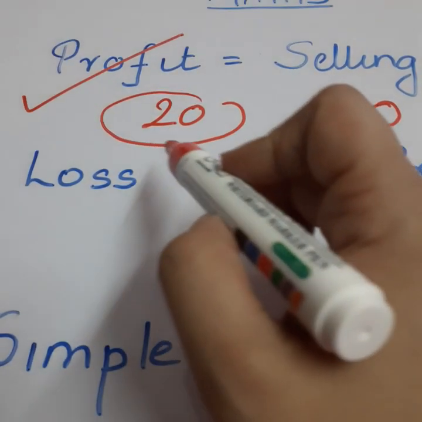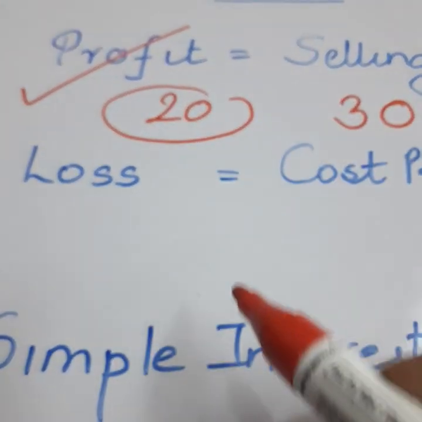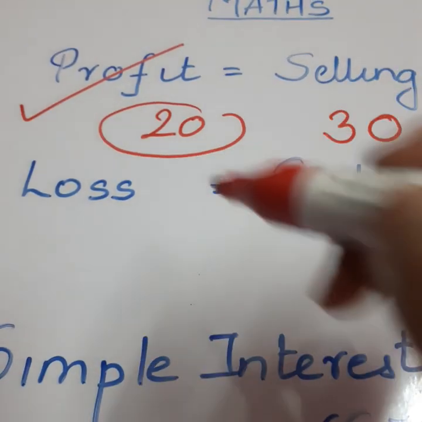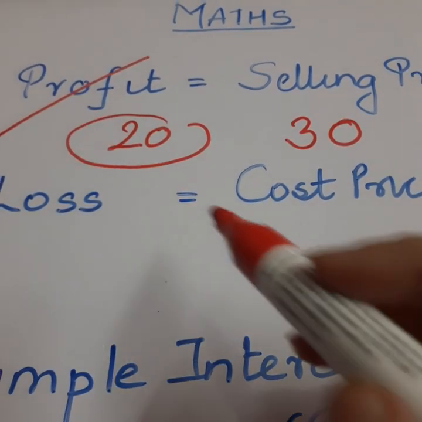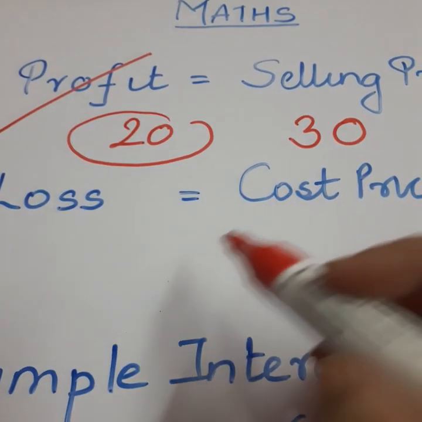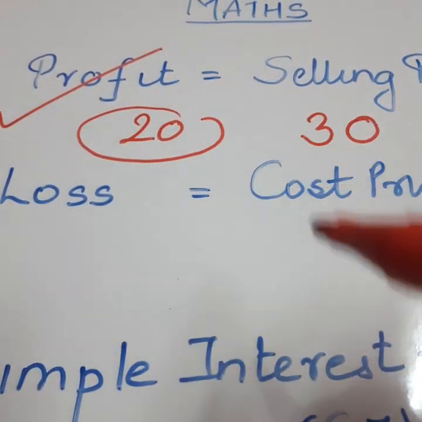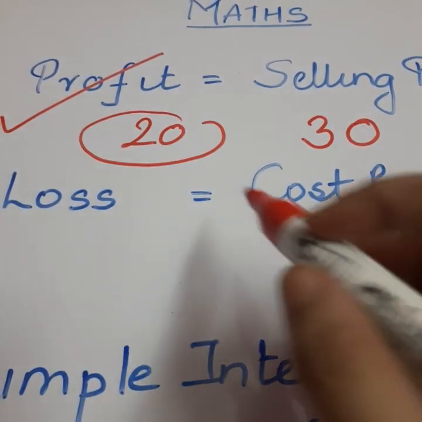Loss, now suppose I've bought a pen for 20 rupees. I wanted to sell it for 30 rupees, but what happened? People said no, we will buy it only for 10 rupees.